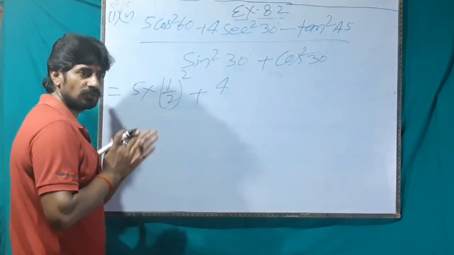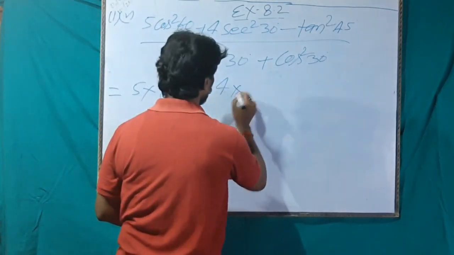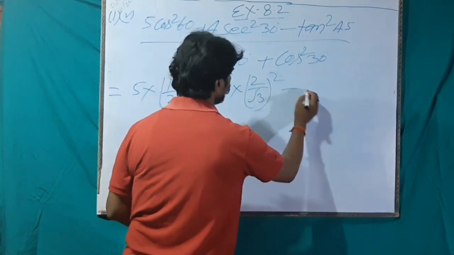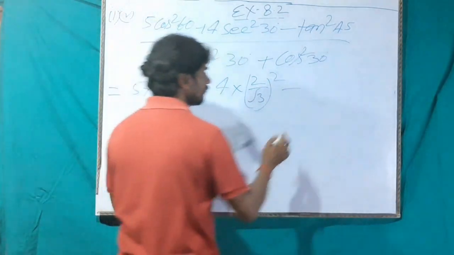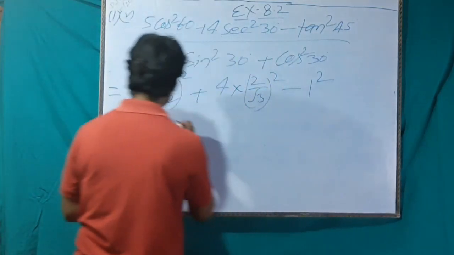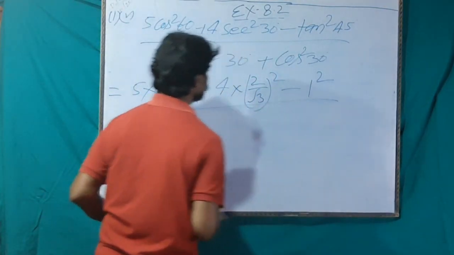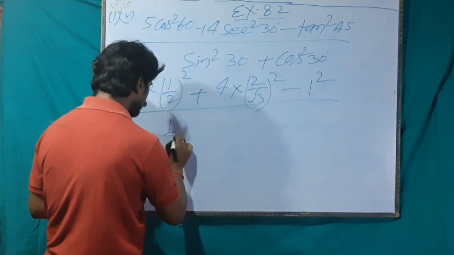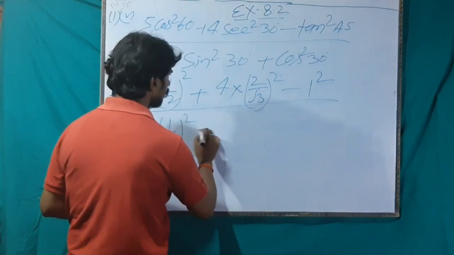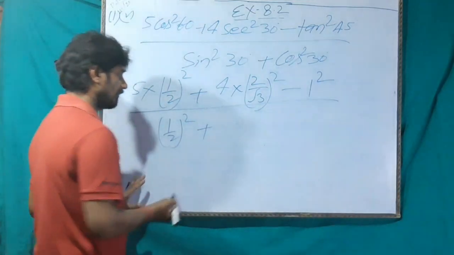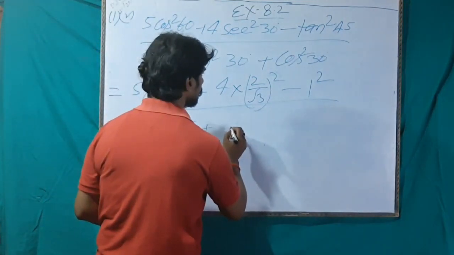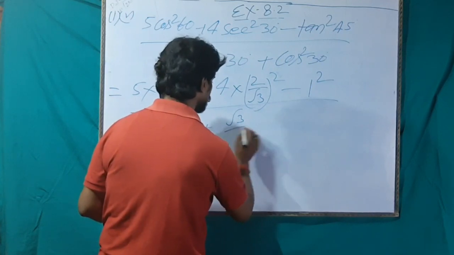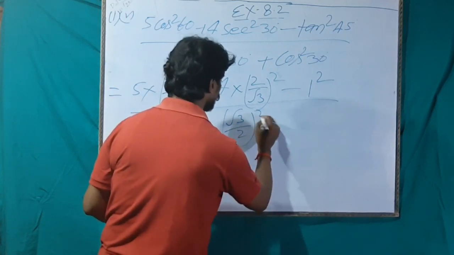Sec 30 means 2 by root 3. 4 into 2 by root 3 to the power 2 minus tan 45, that is 1 to the power 2, by sin square 30 degree. Sin 30 means 1 by 2 to the power 2 plus cos 30 means root 3 by 2 to the power 2.